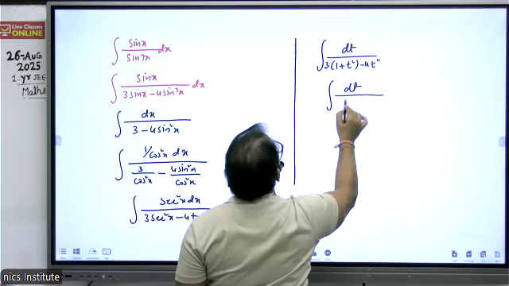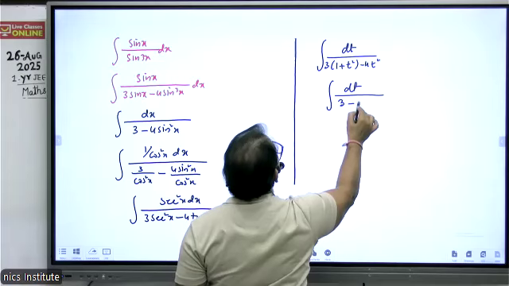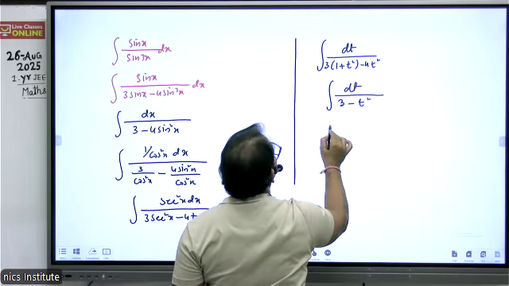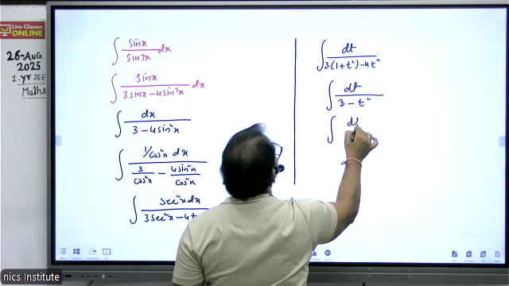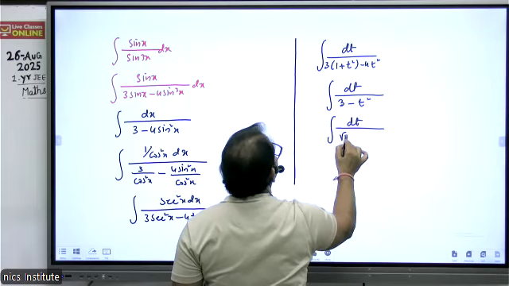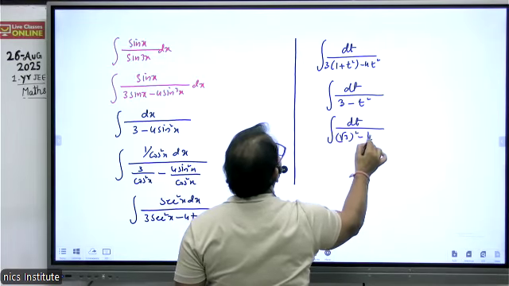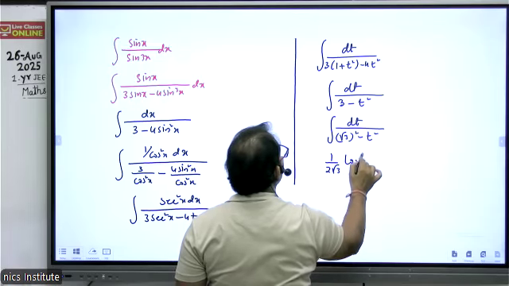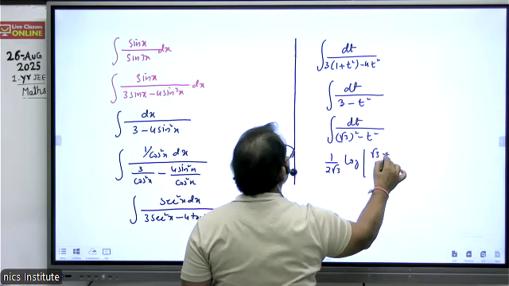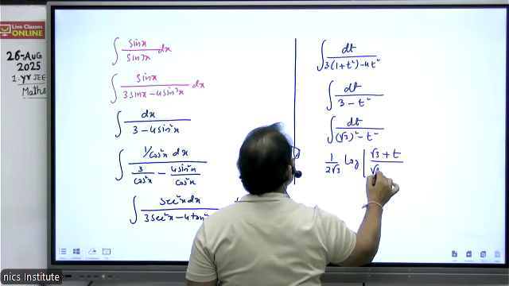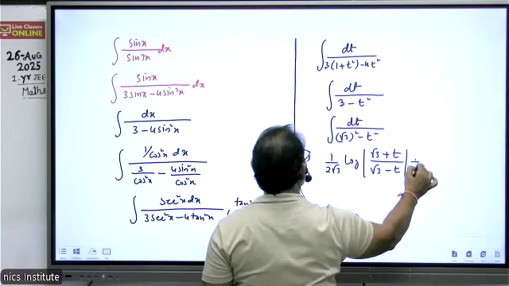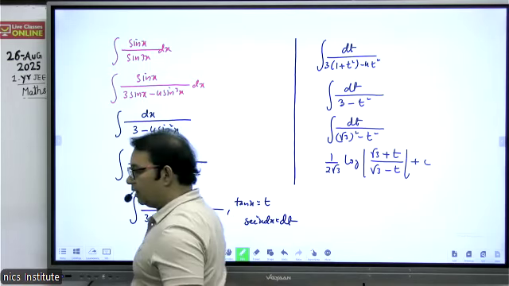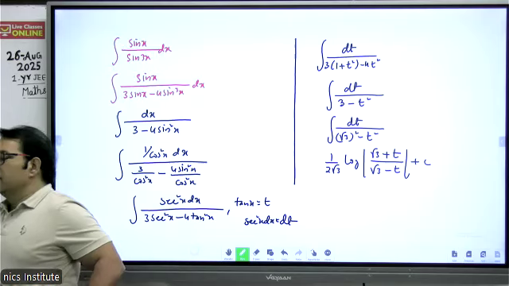So it is 3 minus t square, root 3 square minus t square. So 1 by 2a log of a plus t over a minus t. And then you can replace t by tan x.